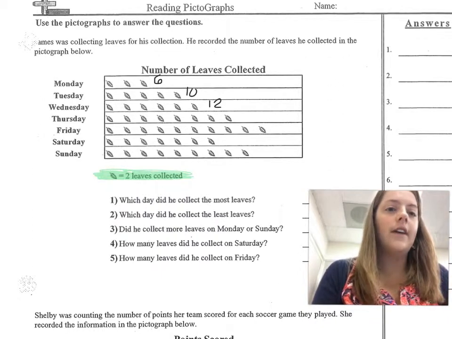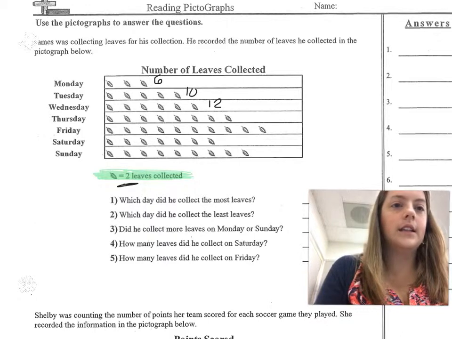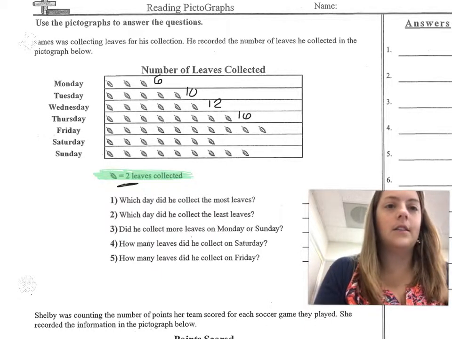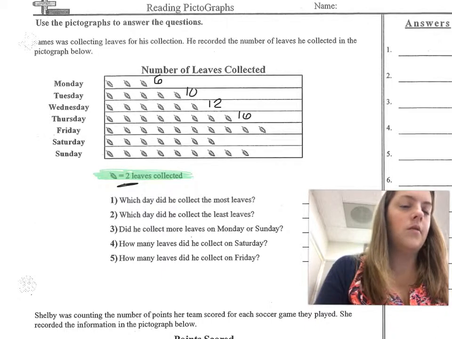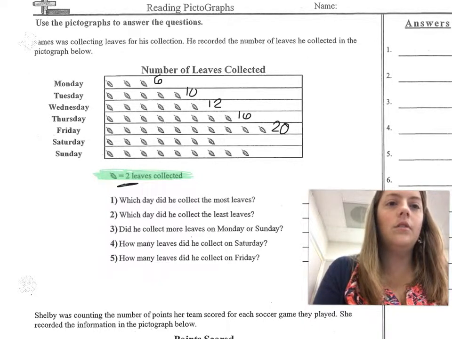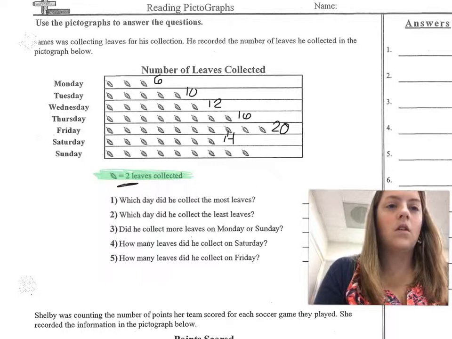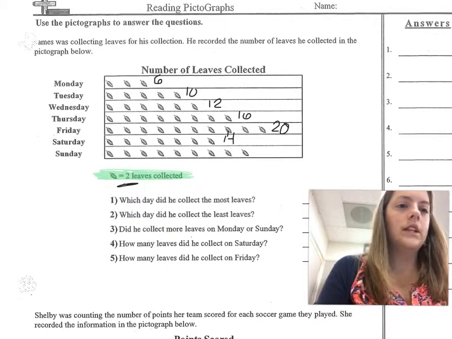Notice how each leaf I am counting as a 2. 2, 4, 6, 8, 10, 12, 14, 16. 2, 4, 6, 8, 10, 12, 14, 16, 18, 20. 2, 4, 6, 8, 10, 12, 14. 2, 4, 6, 8, 10, 12, 14, 16, 18.